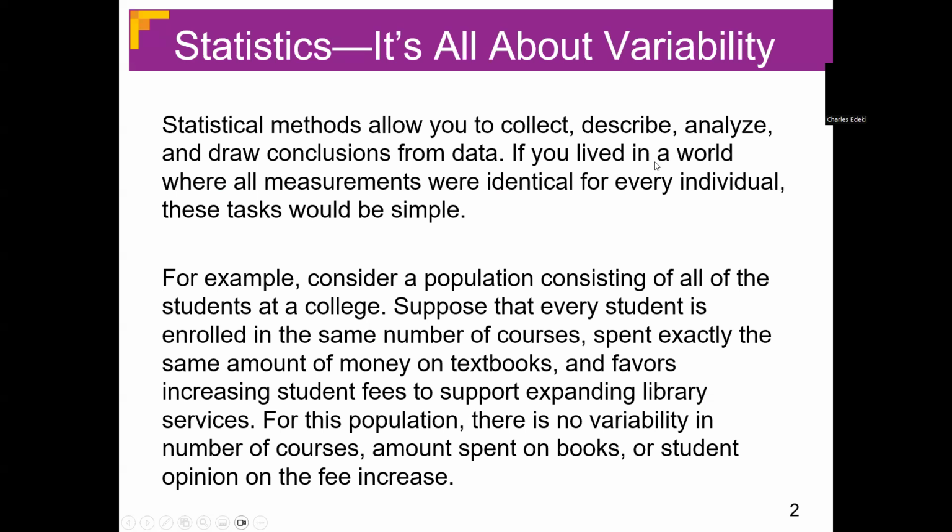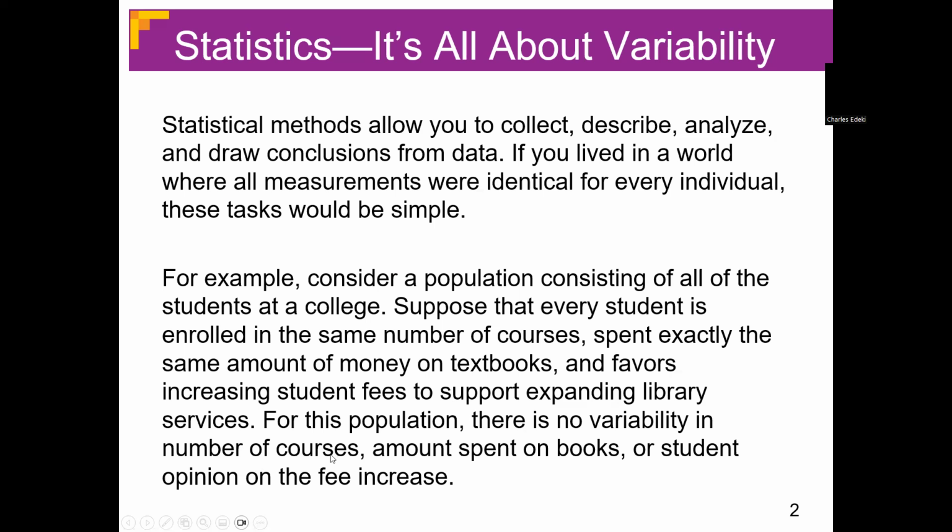Now, if we lived in a world where all measurements were identical for every individual, then these tasks would be simple. So, for example, consider a population consisting of all of the students at a college. Now, suppose that every student is enrolled in the same number of courses. Also, they spend exactly the same amount of money on textbooks, and all of them favor increasing student fees to support expanding library services.